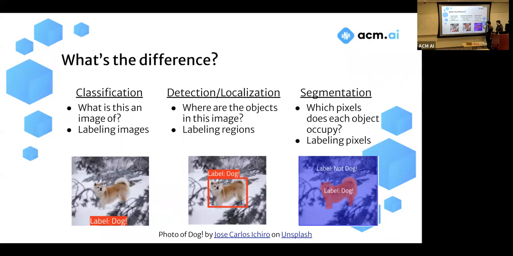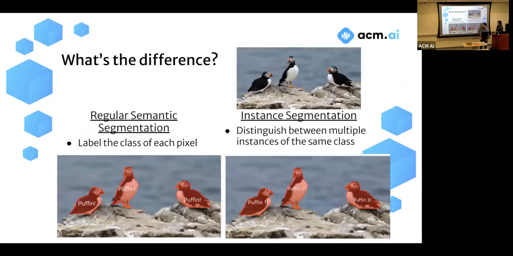Here it's not dog or dog, but maybe we could have a different label depicting the environment. There are two types of segmentation: semantic and instance. Semantic is more about the pixel level, whereas instance is about multiple instances of a similar class.